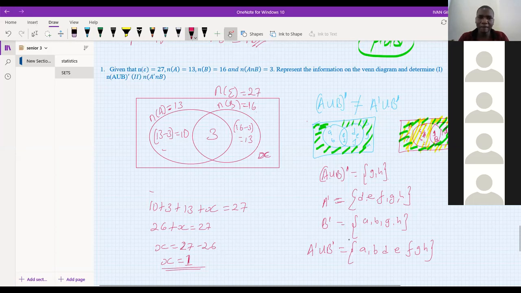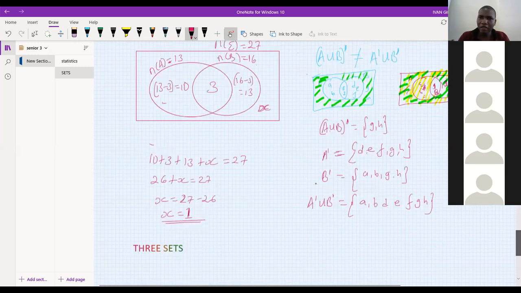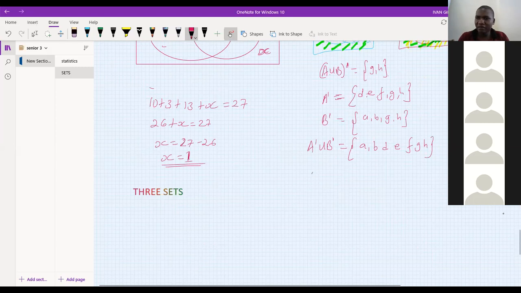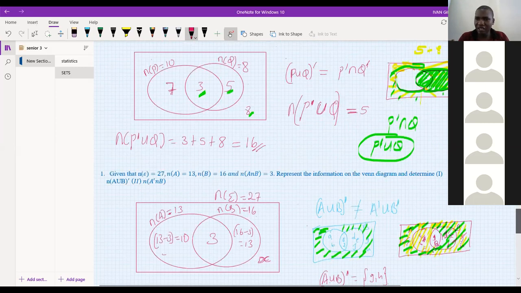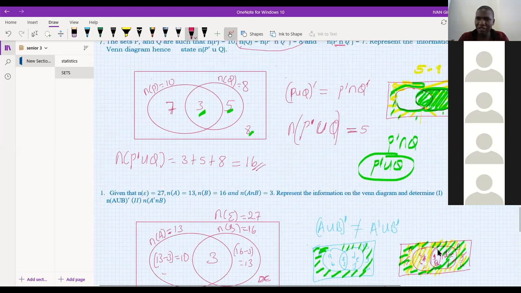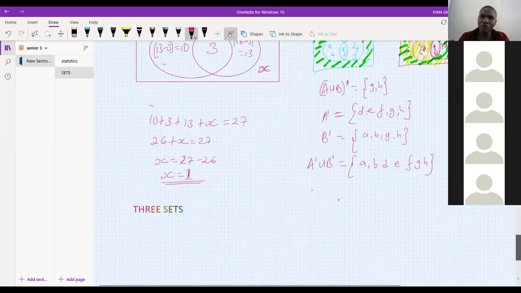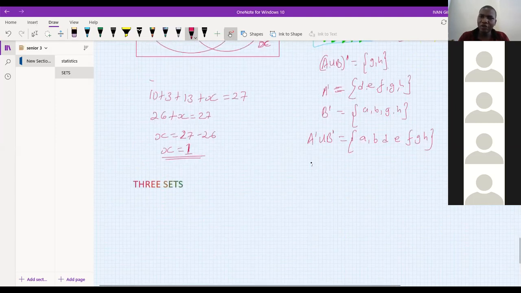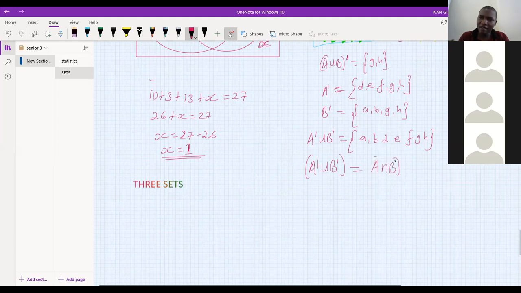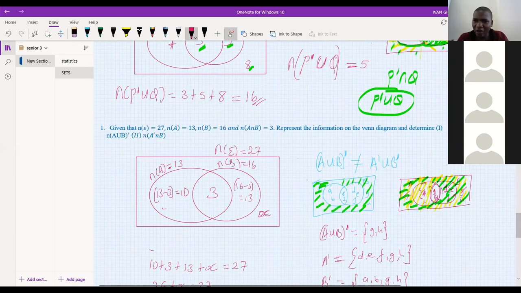You get it? So teacher, you leave out the intersection. Yes, the intersection is left out. You see that according to the shading, it has been left out. The intersection is in the middle here, it has not been included. Now, what you should know is the region A complement union B complement is equivalent to the region A intersection B. Because we're taking all the elements but leaving out the intersection.